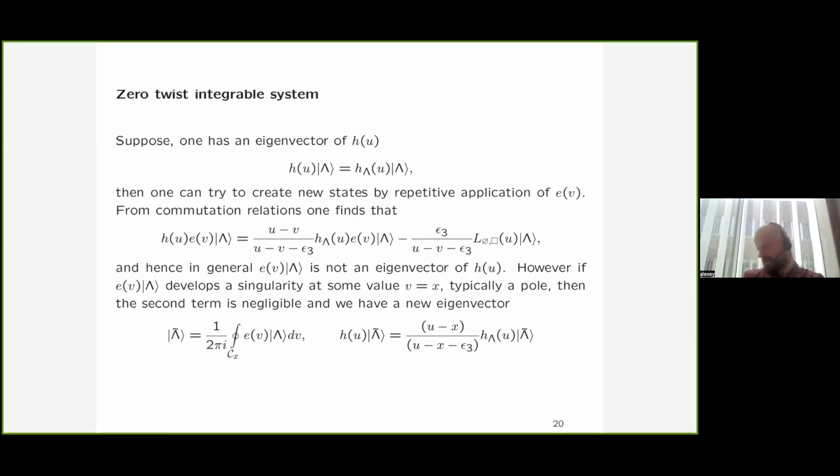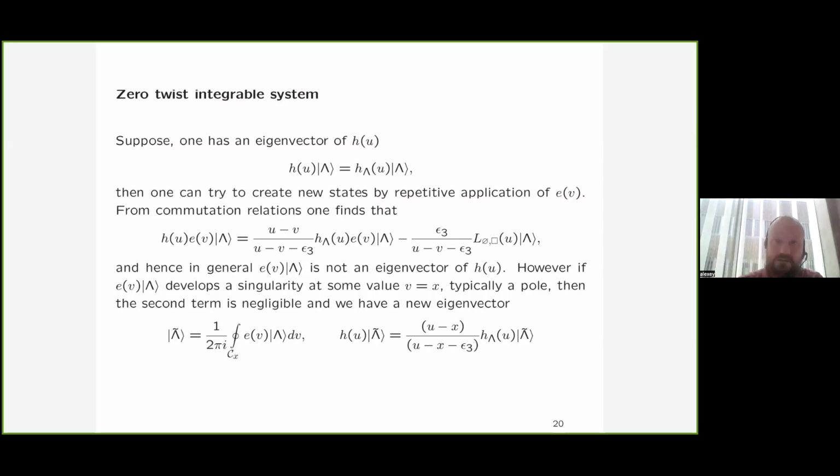Okay. So suppose I have an eigenvector. I'm not even specifying now which representation I have, just the idea. Suppose I have an eigenvector Lambda, which is an eigenvector with some eigenvalue h, denoted by the same letter.